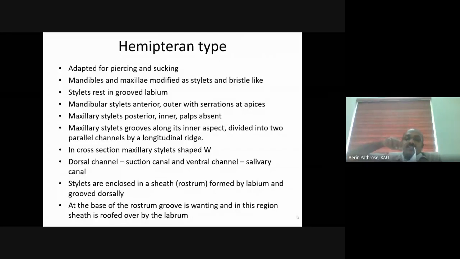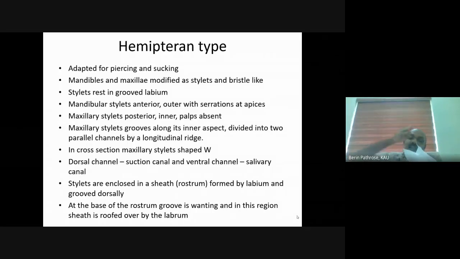You can see this will be the labium, which is modified into an elongated proboscis, and this upper part, the dorsal part, is grooved, and all the four stylets, the two maxillary stylets and the two mandibular stylets, will be enclosed in this grooved labium.